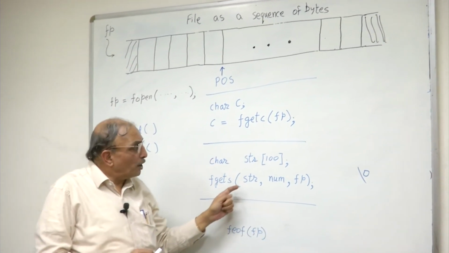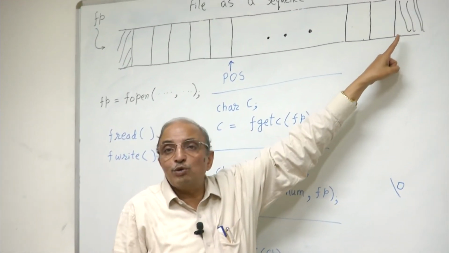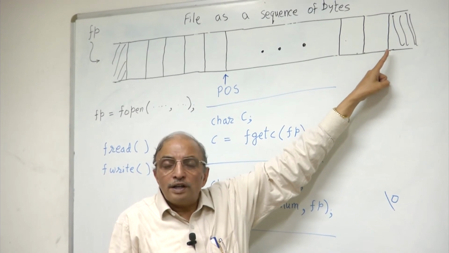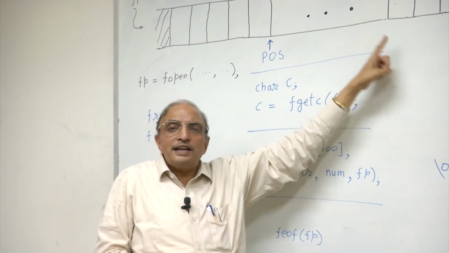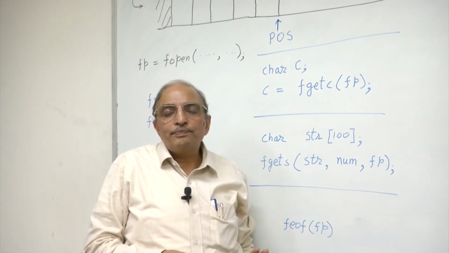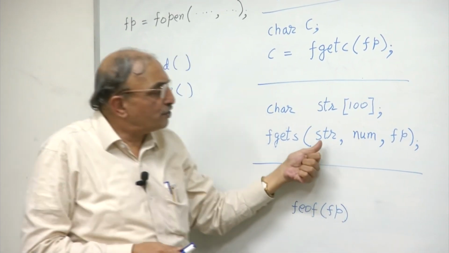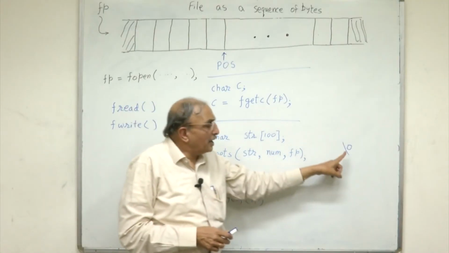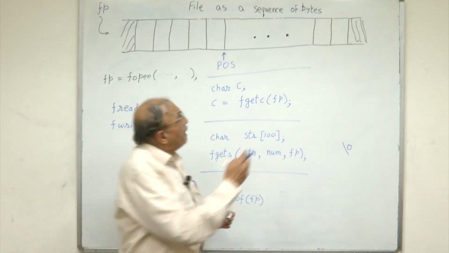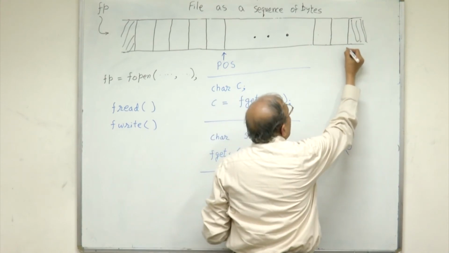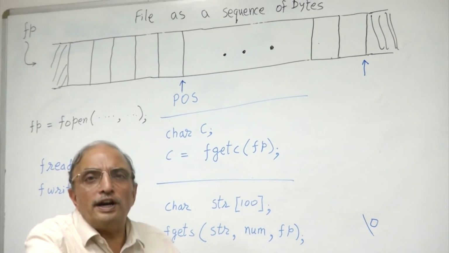The C++ program in such a case imagines as if a new line character has been encountered. So, note that fgets will work till it encounters either a \n character or end of file, and it will put as many characters as it has found into the string str, terminated properly by a \0. It is quite possible that my pointer is actually located at the end of the file, there is no more data to be read.